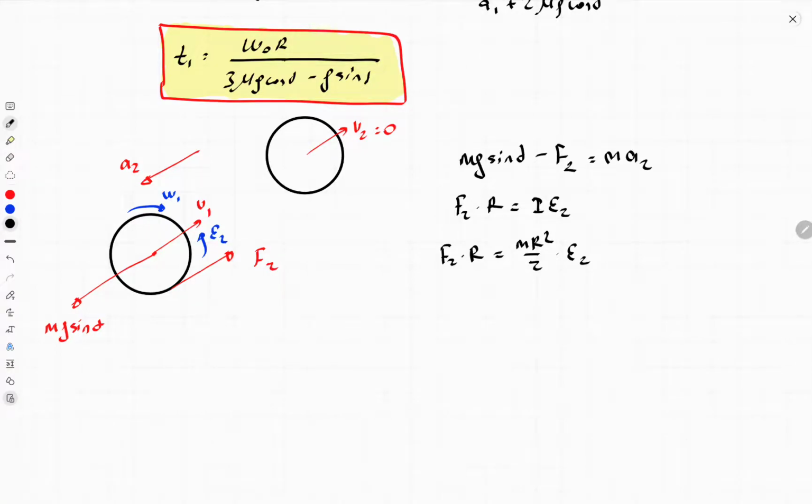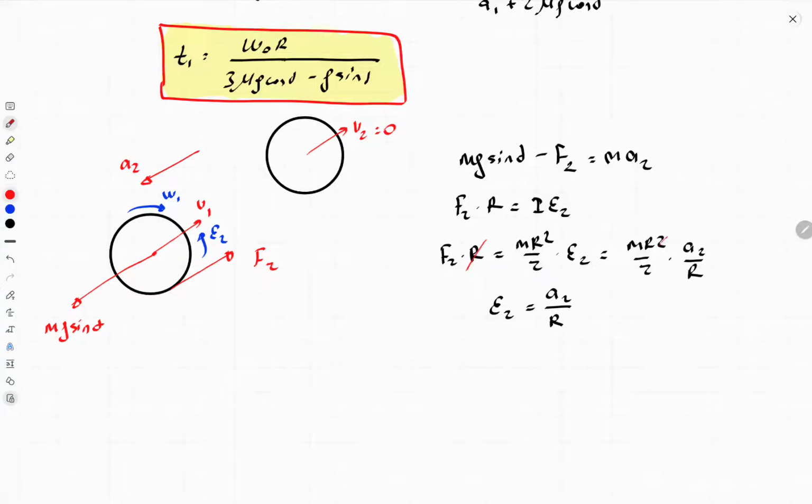And we know that this process is motion of the cylinder without slipping, without sliding. It means angular acceleration equals acceleration over radius, because no slipping process we have. So here we can continue: mr square over 2 times angular acceleration, which is acceleration over radius.